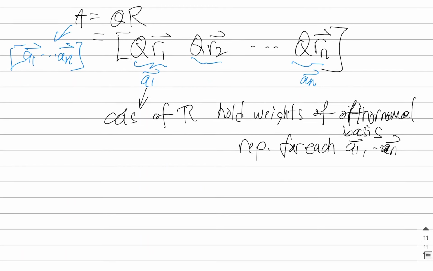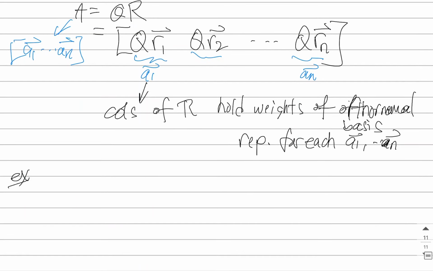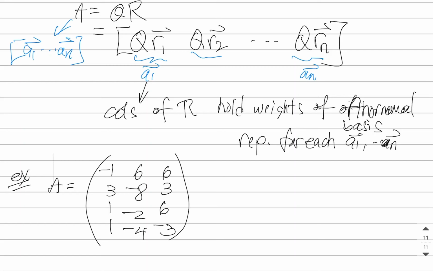Okay, so let's take a look at that example that we worked on. In the previous video, I gave you a matrix. I showed you that this matrix has 3 independent columns. We figured out by using Gram-Schmidt that there is an orthogonal basis and there's an orthonormal basis.